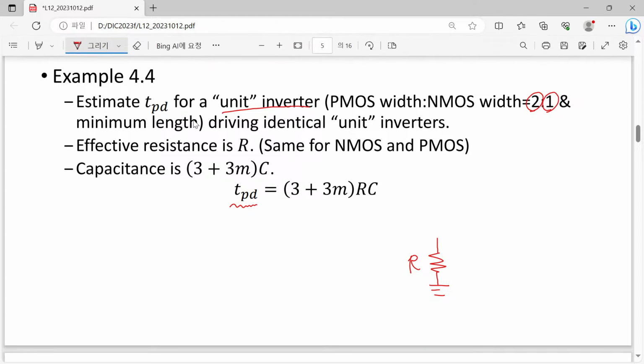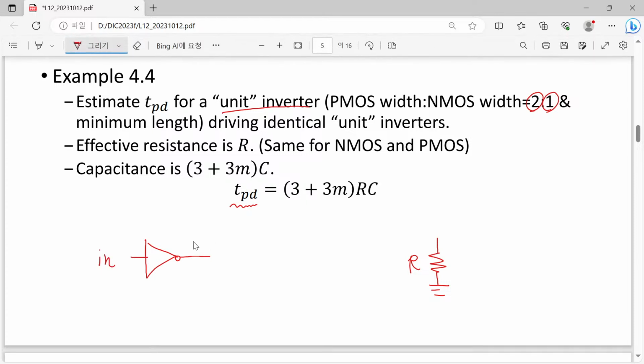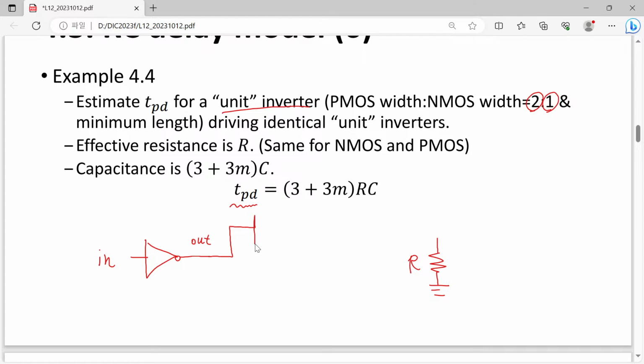And here in this example 4.4, we assume that we have one single inverter, and this is our input and this is the output. However, at the output we have multiple copies of our same unit inverter.